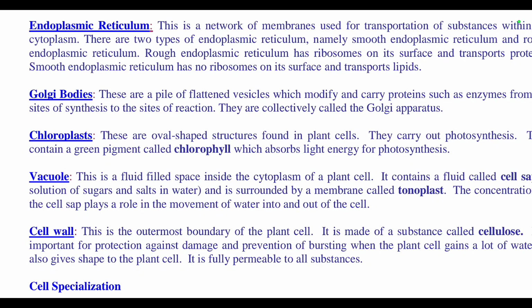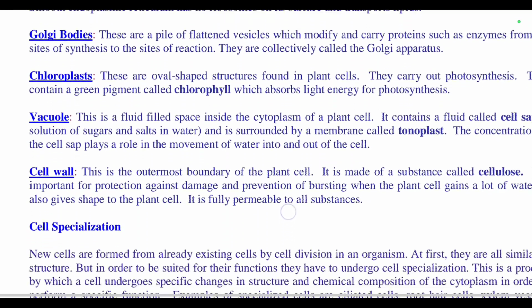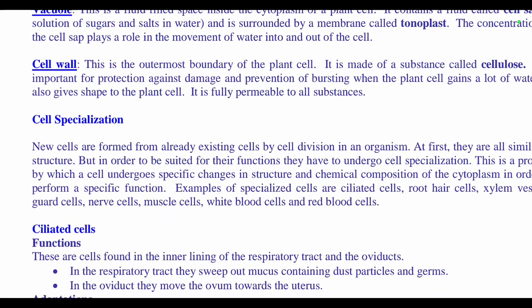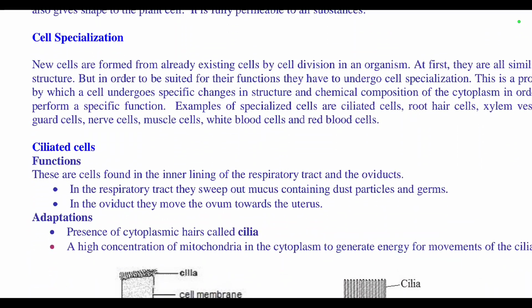And we've also looked at the functions of each structure, each part, okay, of an animal and a plant cell. When we meet in the next lesson, we are going to look at cell specialization.